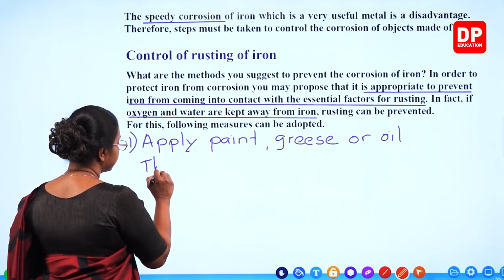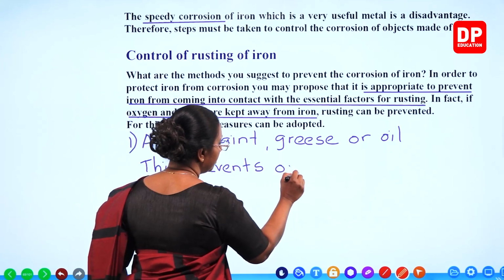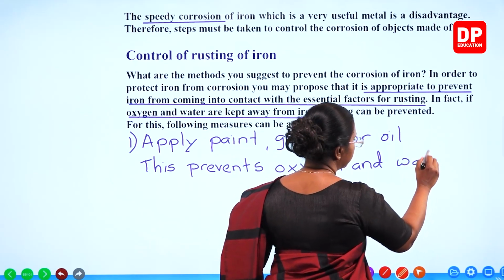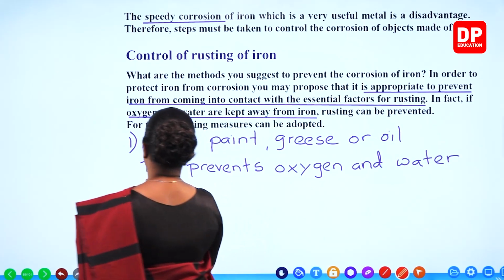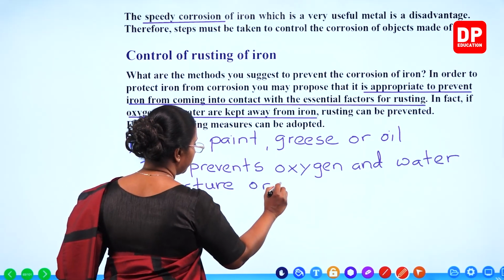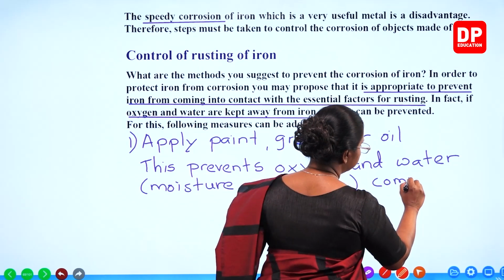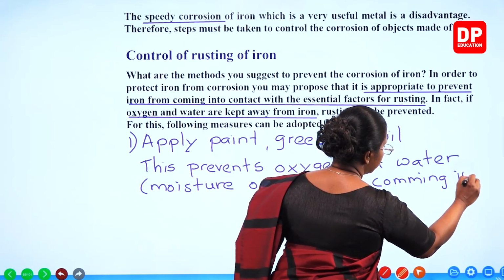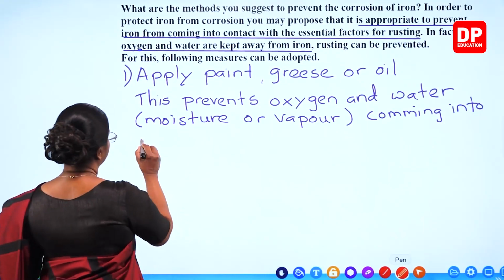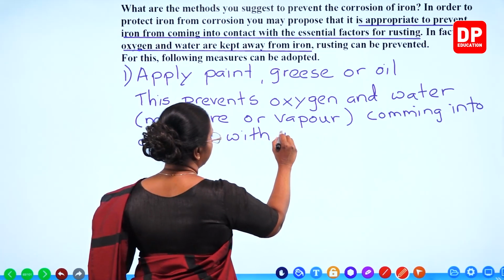Here this prevents oxygen and water, that is either moisture or vapor, coming into contact with iron.